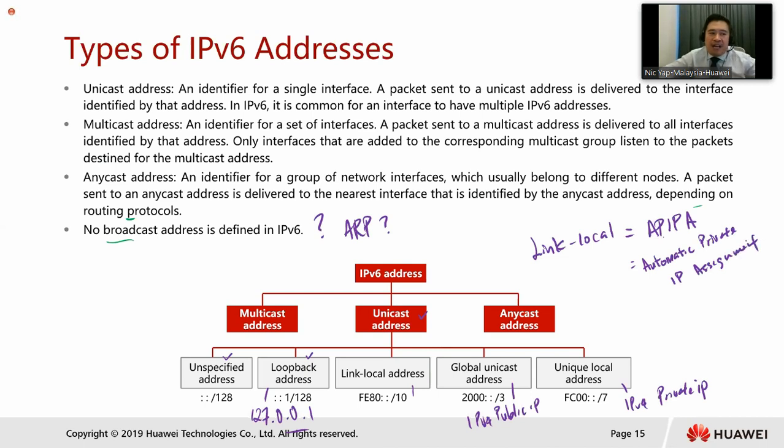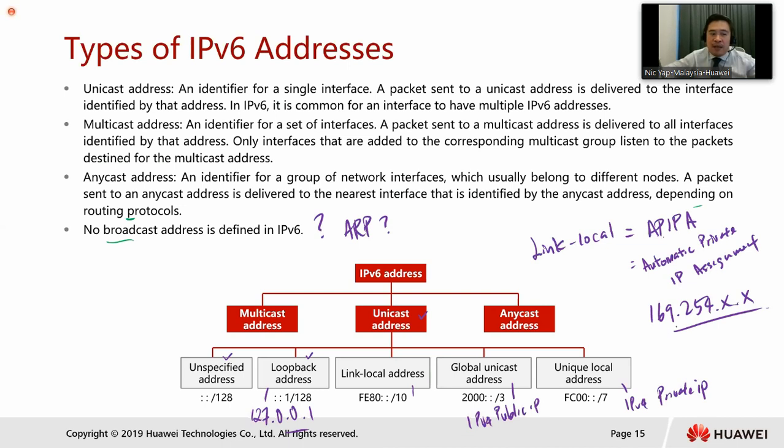I'm not sure if you are aware of this. Sometimes, if you cannot get an IP from DHCP, your computer generates an APIPA address starting from 169.254.x.x. This address can be used within your local area only. It's called APIPA, Automatic Private IP Assignment.